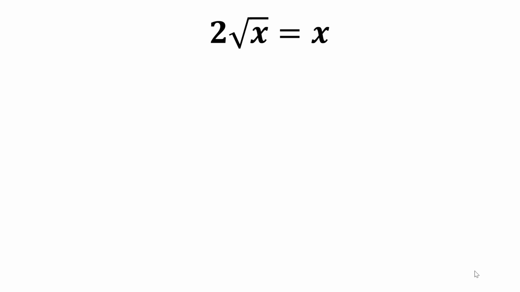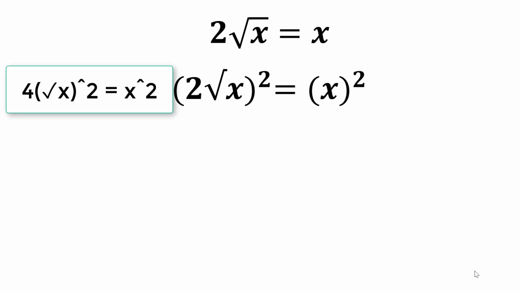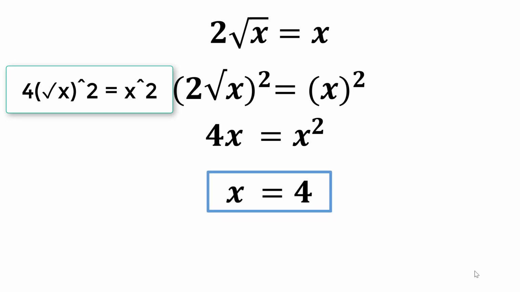Now squaring both sides, the equation becomes 4 into root x square equals x square. Cancel square and square root in LHS, the equation becomes 4x equals x square. Cancel x on both sides. Finally, the x value is equal to 4.